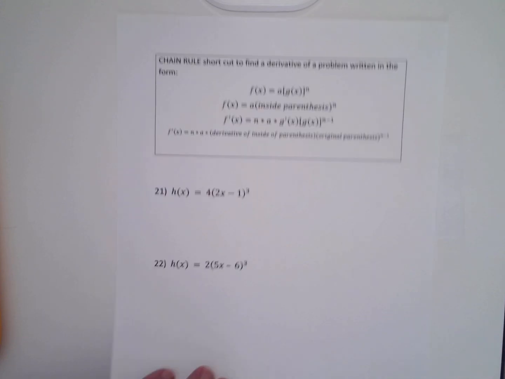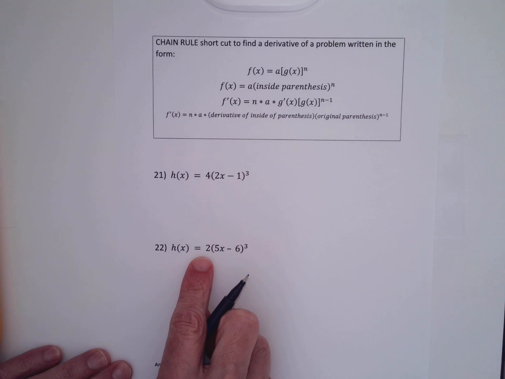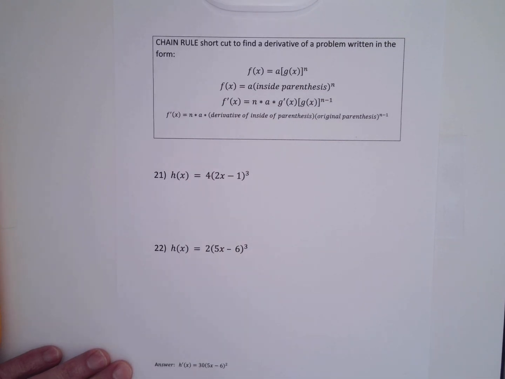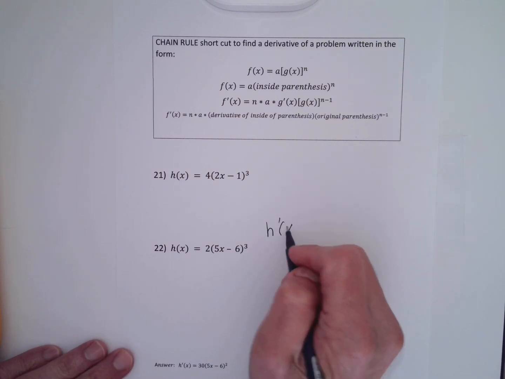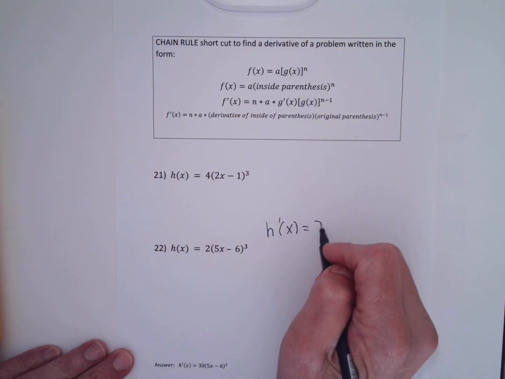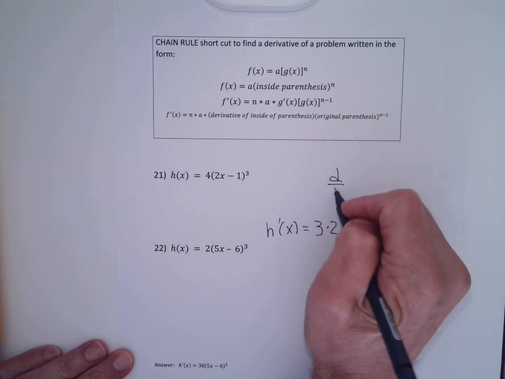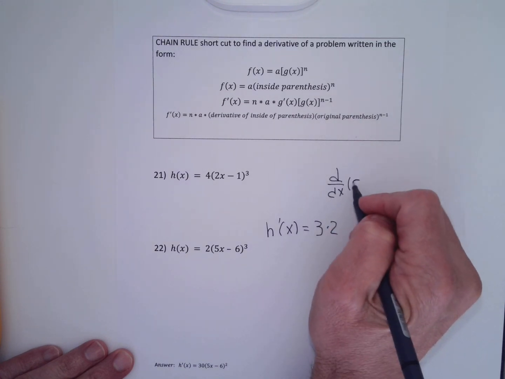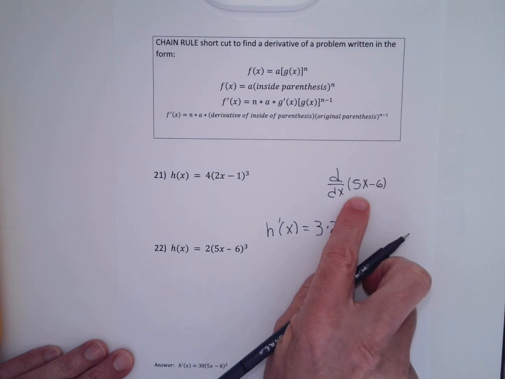Once the coefficient has a variable, then I'm stuck using the product rule, and that's a disaster. Problem 22, simple chain rule. A constant times a parentheses with an exponent, that's a chain rule. So to do the chain rule, take the exponent 3, multiply it by the coefficient, multiply it by the derivative of the inside of the parentheses. That's the notation that tells me to find the derivative of that.